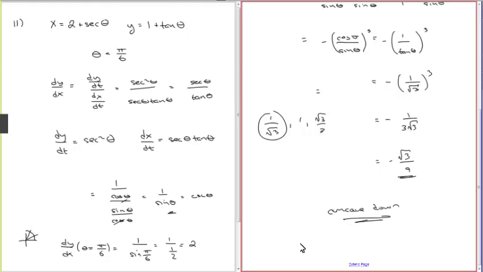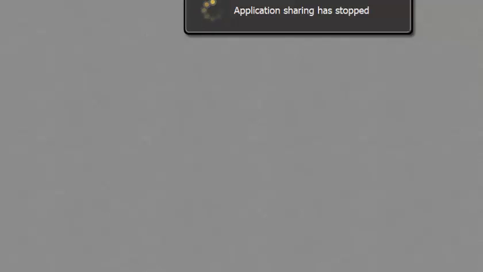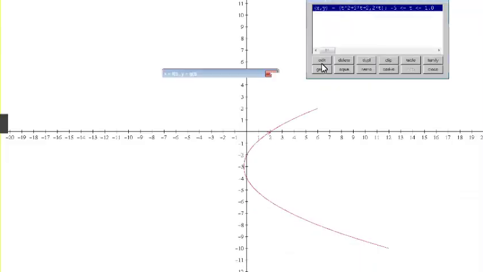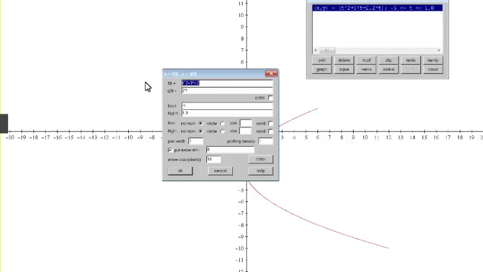So let's give it a try. I'm going to have to make sure I get this typed in correctly. So we're going to go to the graphing program, and we're going to edit the parametric equation to put the completely new parametric equation in, which is number 11.